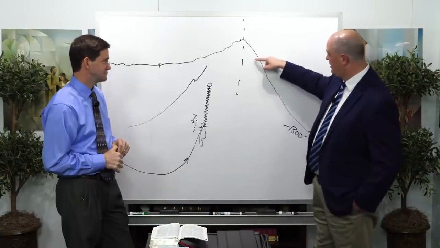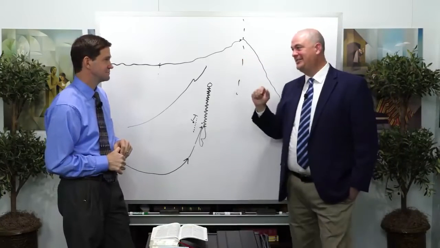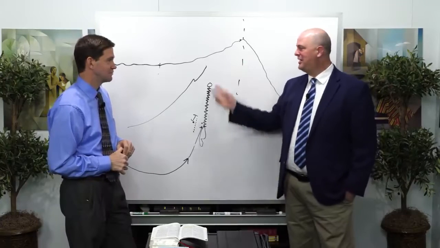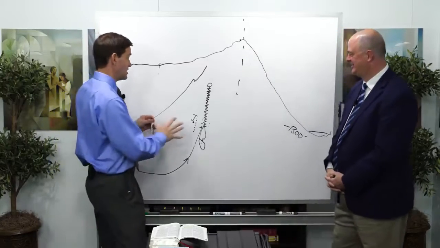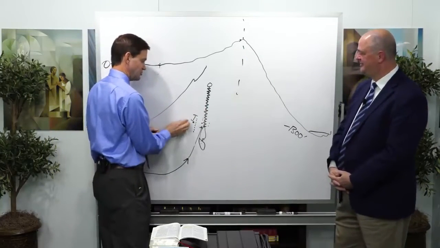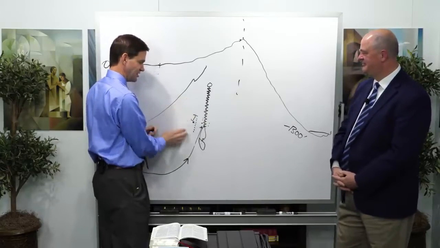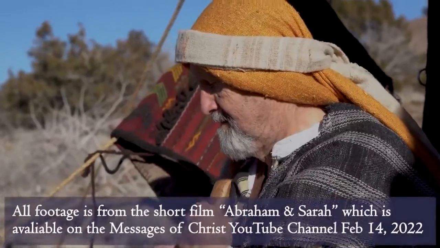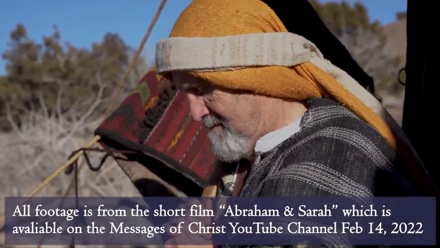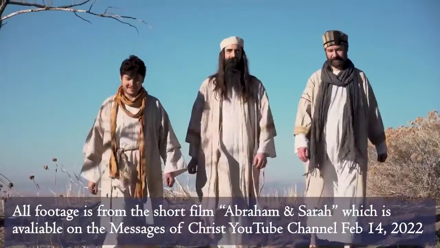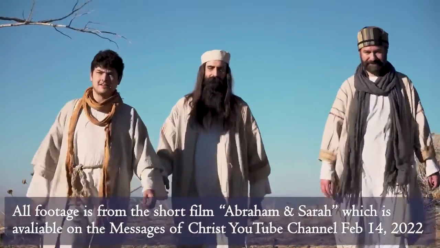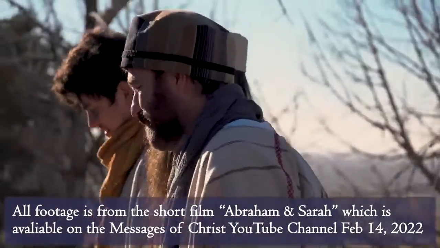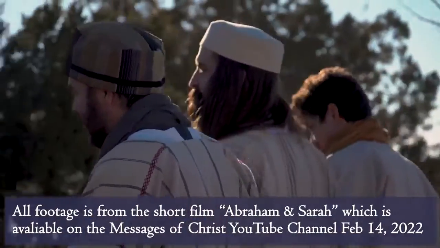Because you come up here, or even on this side, it's a tough place. Maybe you can do some olive orchards and maybe some shepherding, but there's not a lot going on over here. So now, we've set the stage. You know that Abraham and his wife living on this side are being visited in the beginning of chapter 18 by three men. If you look at verse 1, the Lord appeared unto him in the plains of Mamre as he sat in the tent door in the heat of the day.